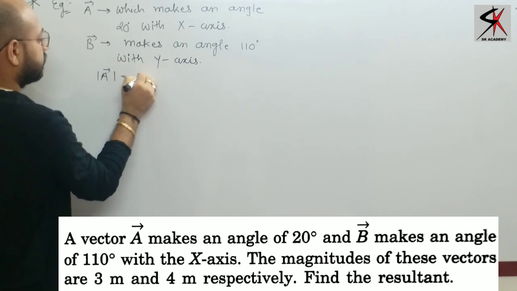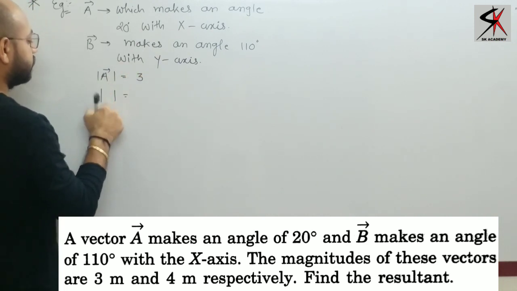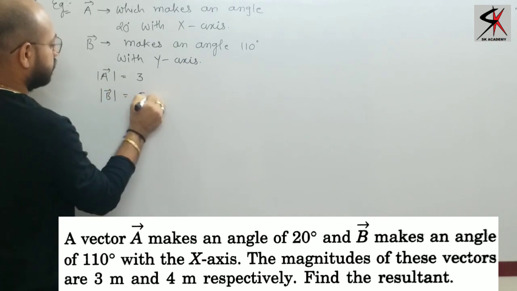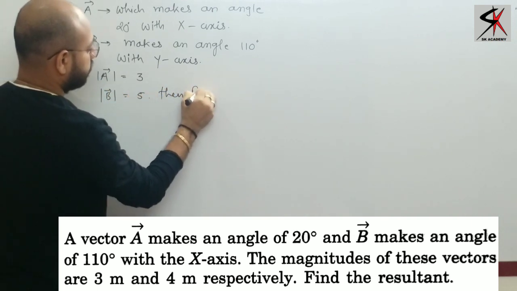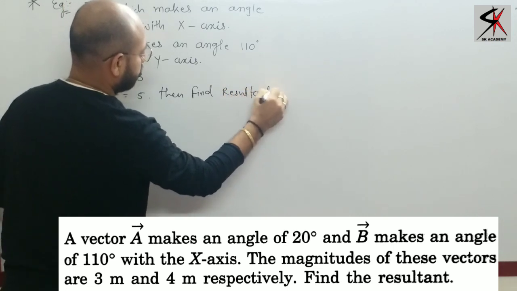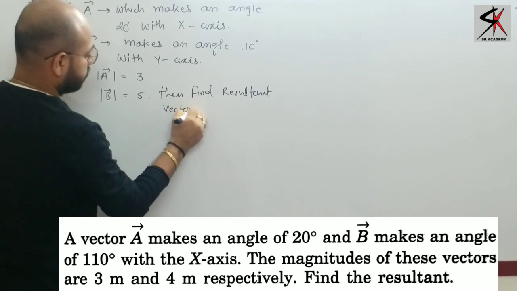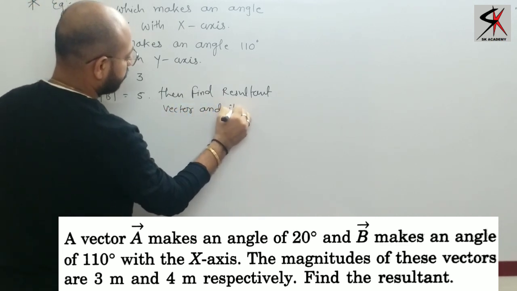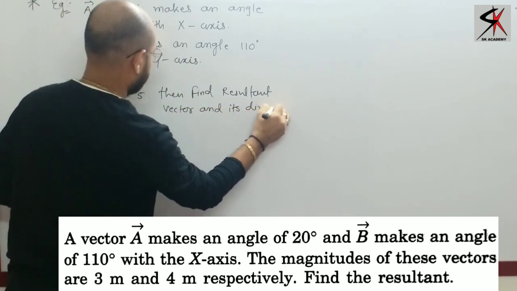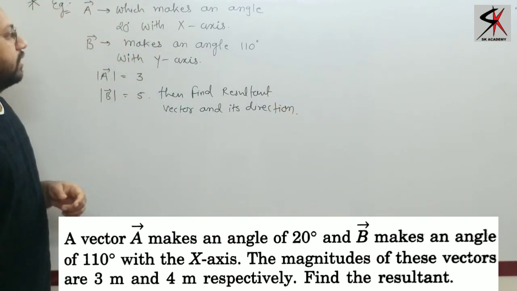Magnitude of A bar is equal to 3 and magnitude of B bar is equal to 4. Then find the resultant vector and its direction also.